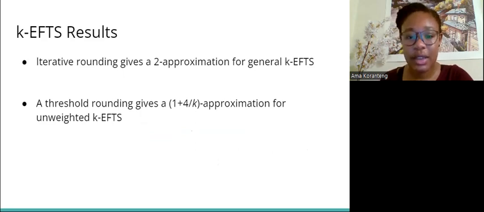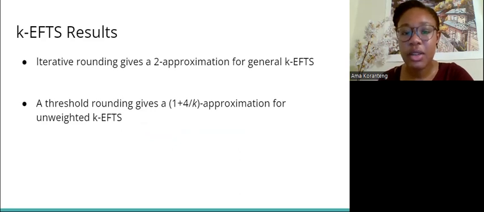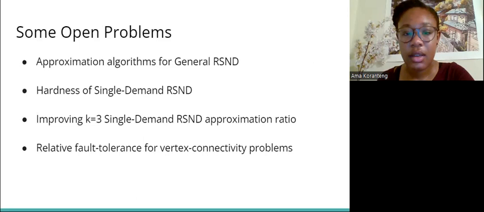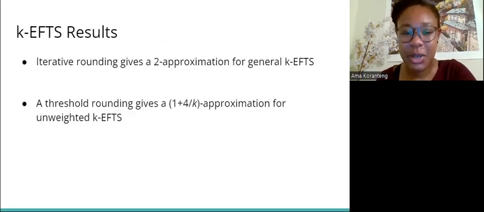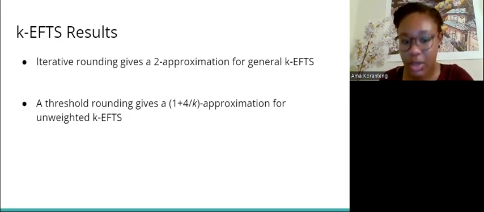For unweighted KEFTS, we showed that with local weak supermodularity and with some tweaks of the argument in the follow-up paper by Gabow and others, we get a 1 + 4 over k approximation for unweighted KEFTS. Interestingly enough, I should emphasize, at least as far as we know, this is the first use of Jain's iterative rounding techniques that don't use a weakly supermodular cut function.